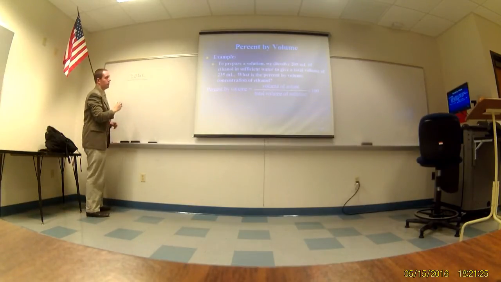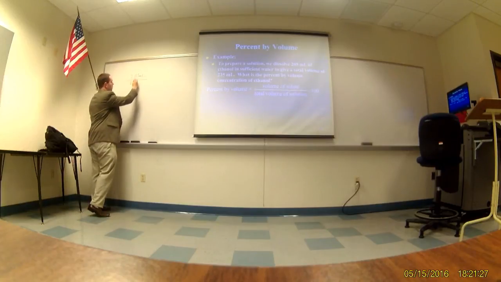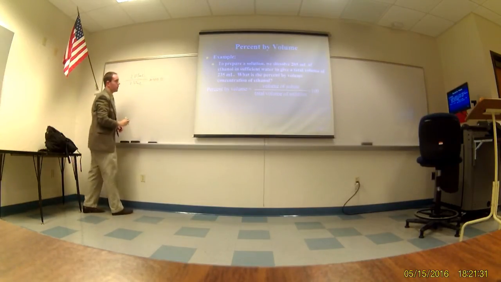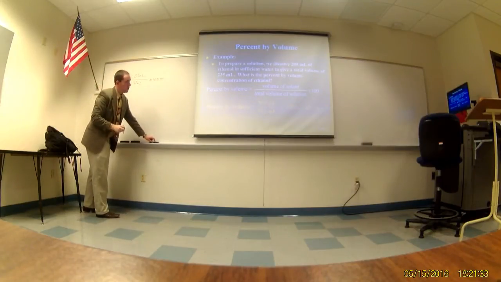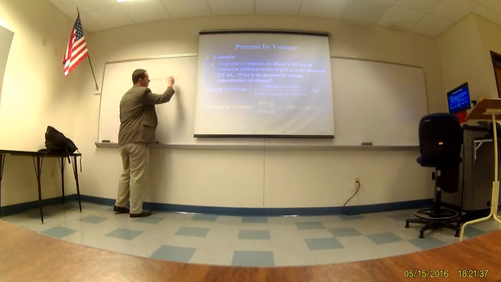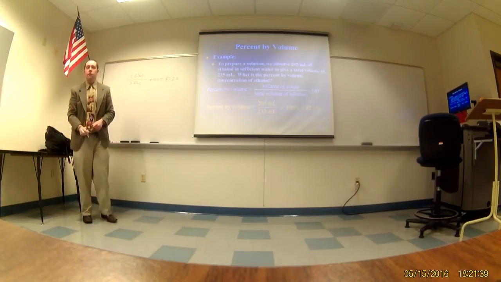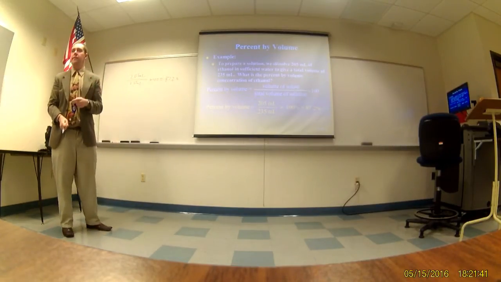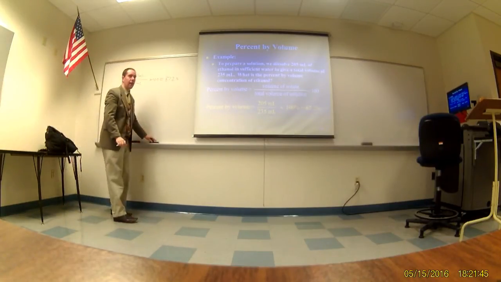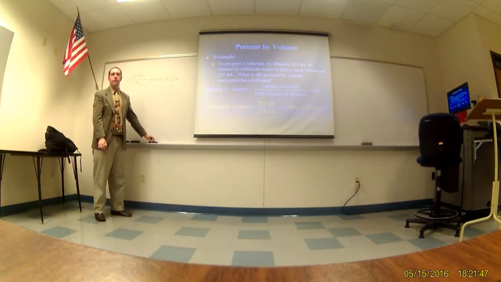What is my total volume? 235, times 100 equals what? 87.2%. This one's actually easier than the mass because they can't make you add the two things together. They have to tell you the number to divide by directly.